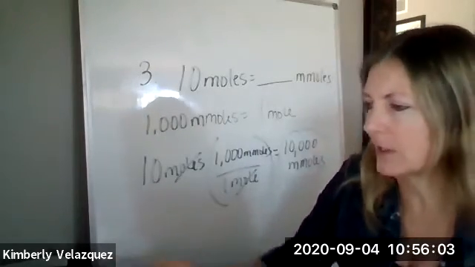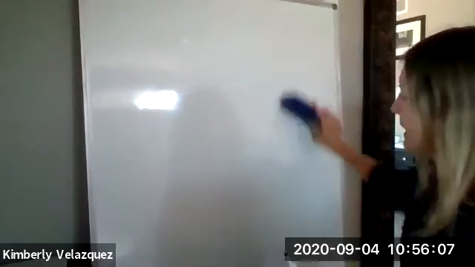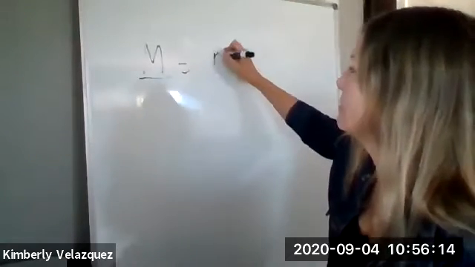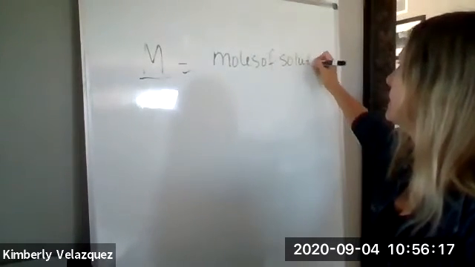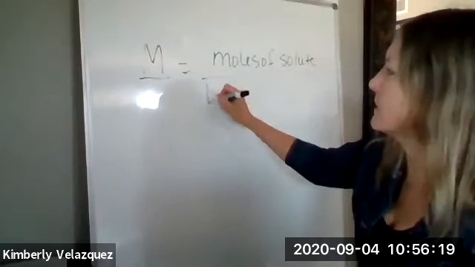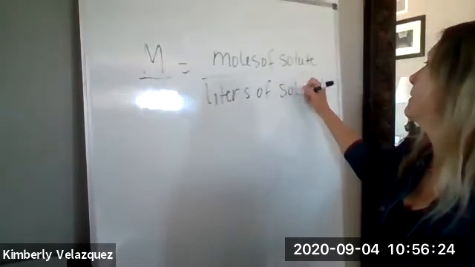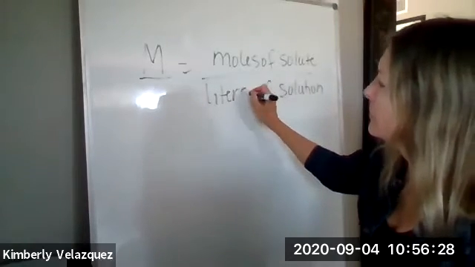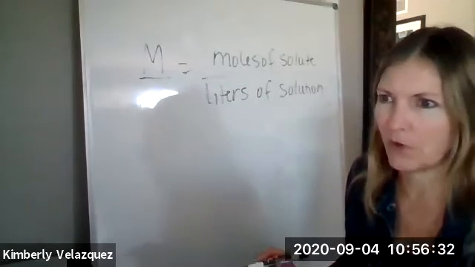Number 5 is a little tricky. And for that, you have to remember again what molarity means. Okay, so molarity equals moles of solute over liters of solution. And so this is just a division problem.